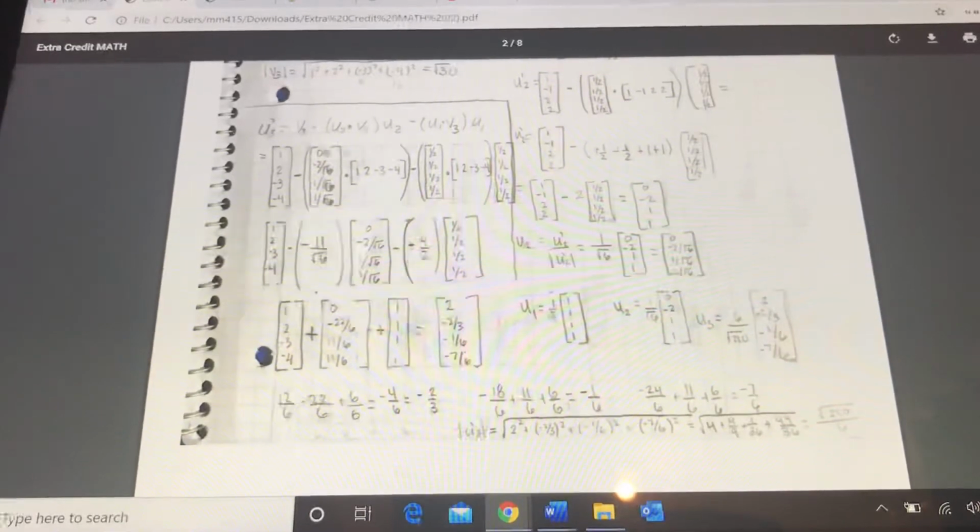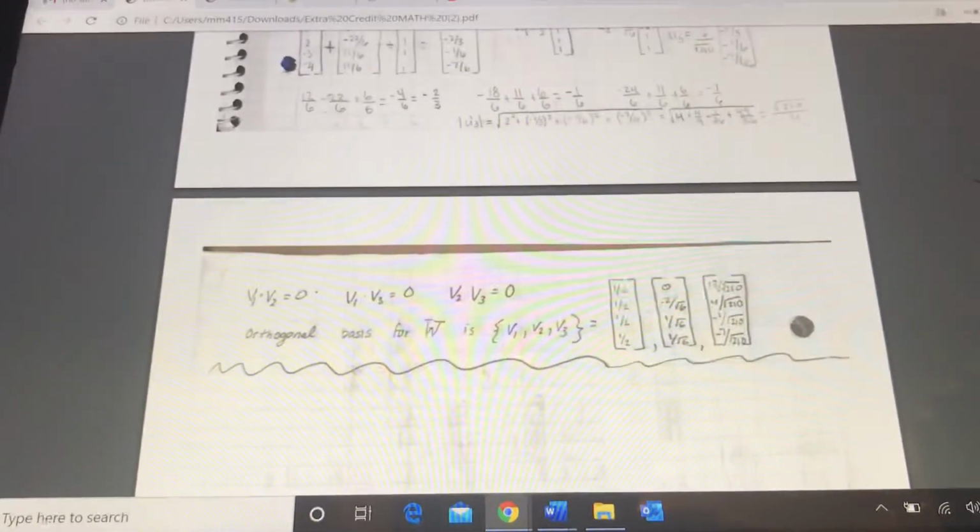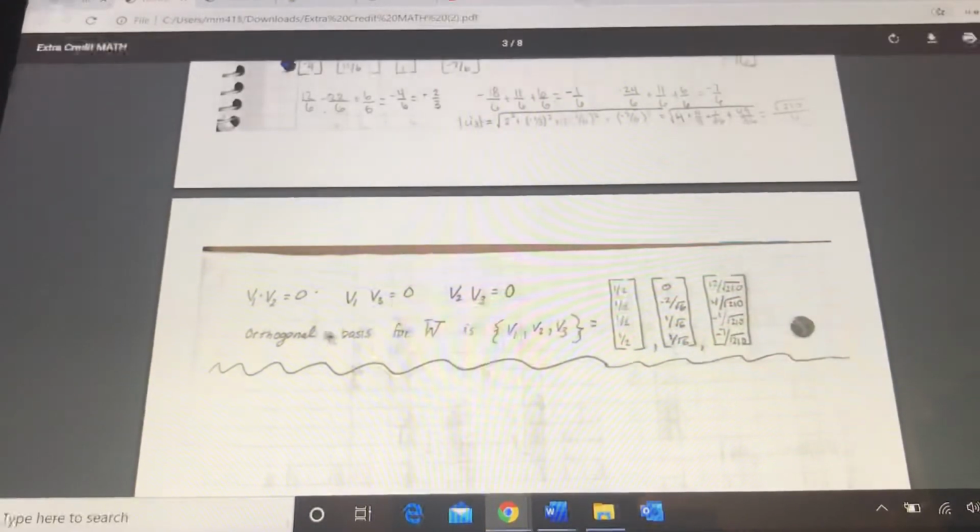And then u3, the projection onto it. Follow the equation, we get this matrix here. Find the length so we can divide by it. We get this right here. Therefore, our values here are this right here: v1 times v2 is 0, v1 times v3 is 0, v2 times v3 is 0.